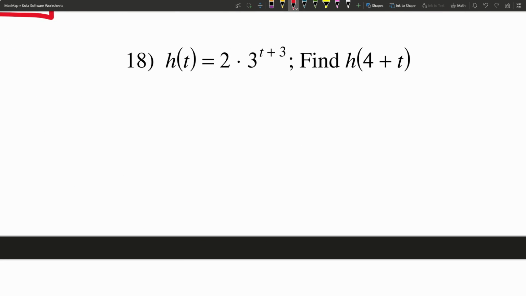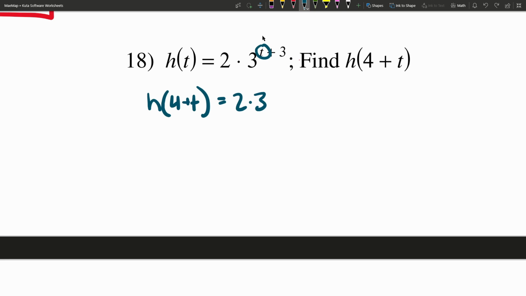Finally, on to our last problem, number 18. We have h of t, and we're going to find h of 4 plus t. So that's going to be equal to 2 times 3 to the, in our function we have t plus 3, but what are we plugging in for t? We're plugging in 4 plus t.